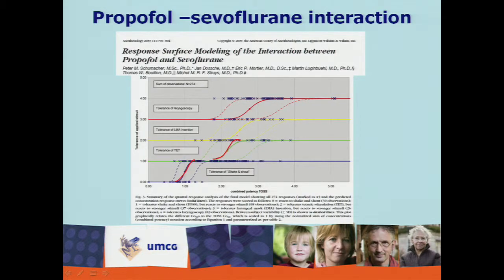This is the potency of a tolerance to a tetanic stimulus. You see that you need more drug, or the combination of the two drugs, to have a tolerance to laryngoscopy, and even more, this is LMA insertion, sorry, and the tolerance to laryngoscopy. So it's a powerful tool to show the interaction of two drugs on a two-dimensional plot.